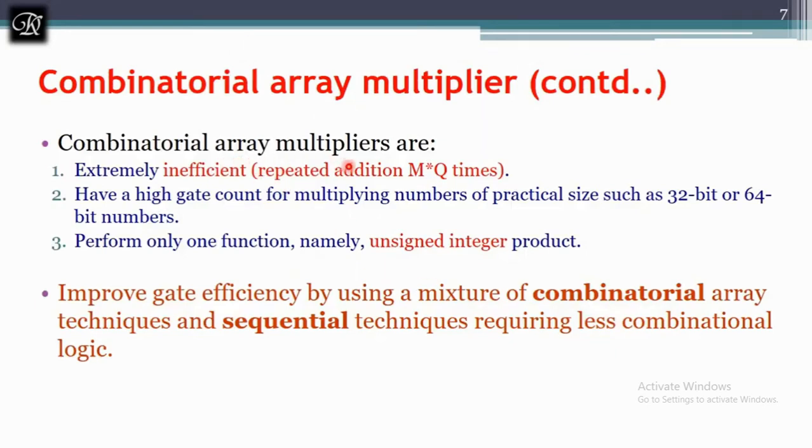Let's see the drawback. The combinational array multipliers are extremely inefficient. Repeated addition of the multiplicand and multiplier will be m into q times, which for 4x4 means 16 times we were doing this task, which is going to result in a high gate count.